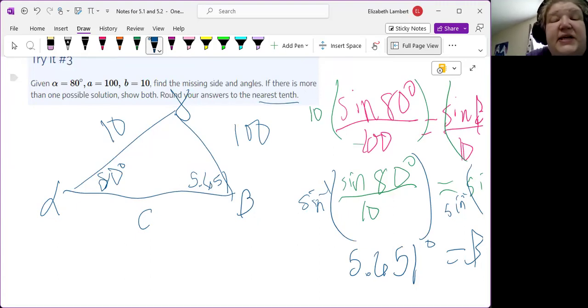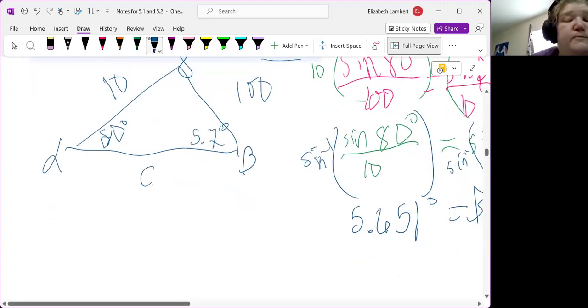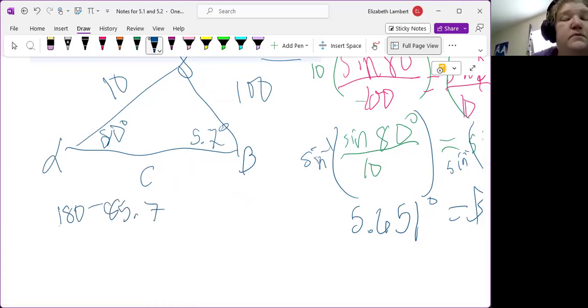All right, which they did say nearest tenth. So we'll actually go with 5.7. So 180 minus 85.7. It's 94.3.